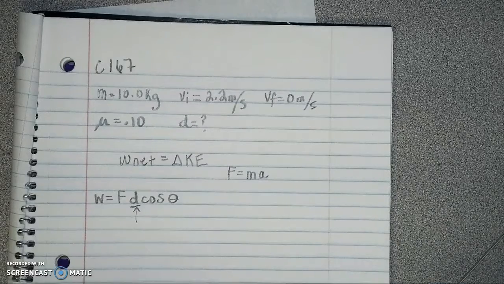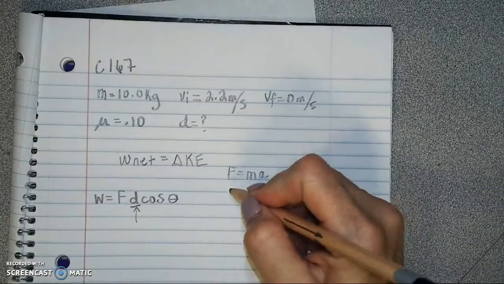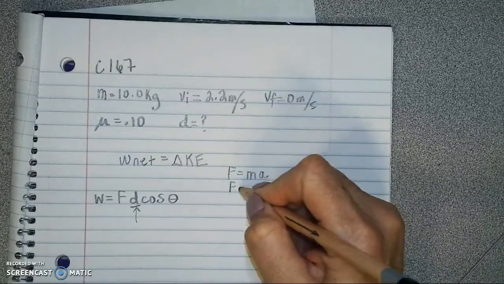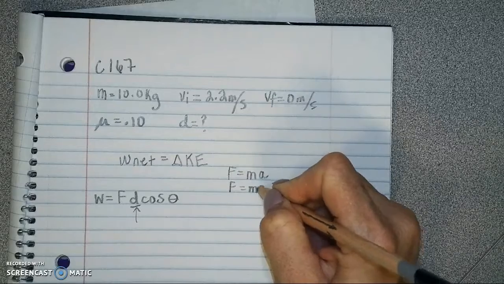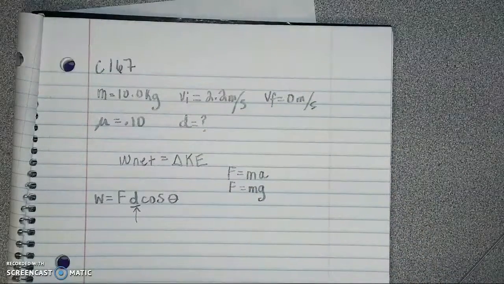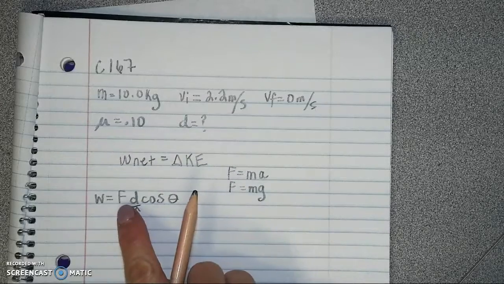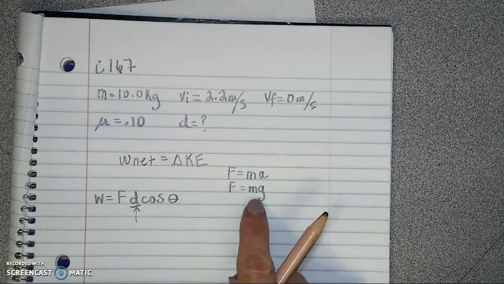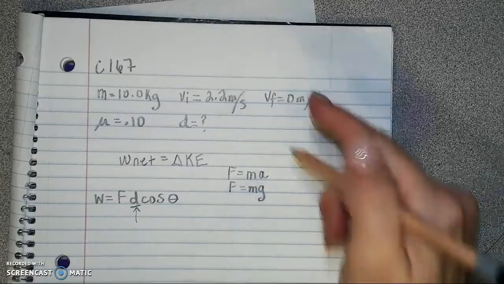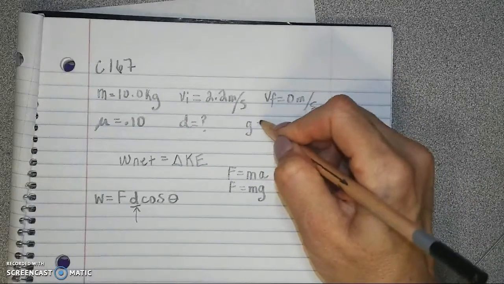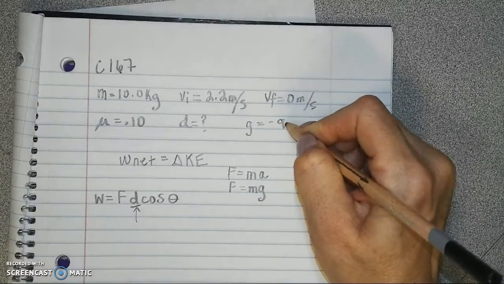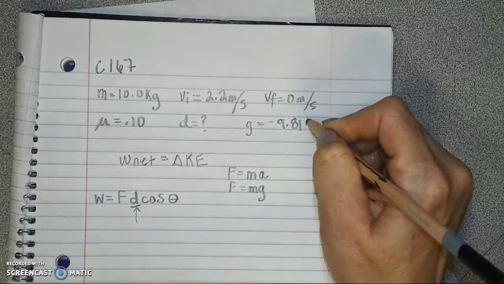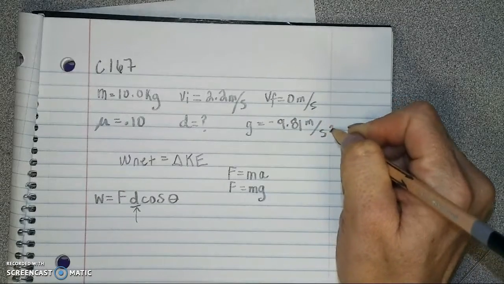And we're looking at the force of the sled, which is basically its weight, which would mean that the force is equal to the mass times the pull of gravity, gravitational acceleration. So we know that force here is actually mass times small g. We know that small g is negative 9.81 meters per second squared.